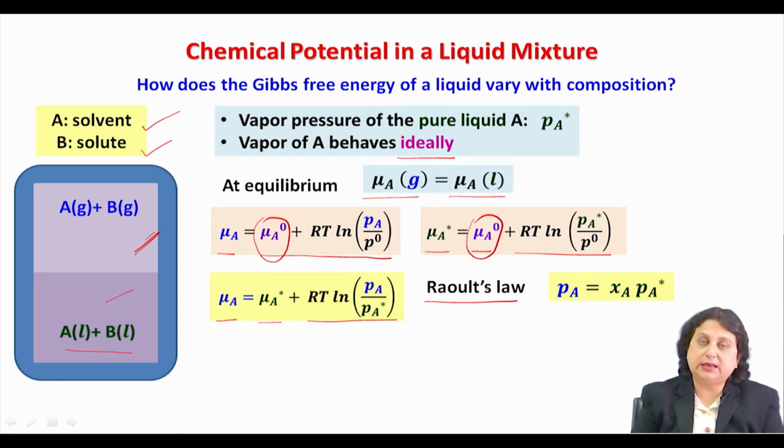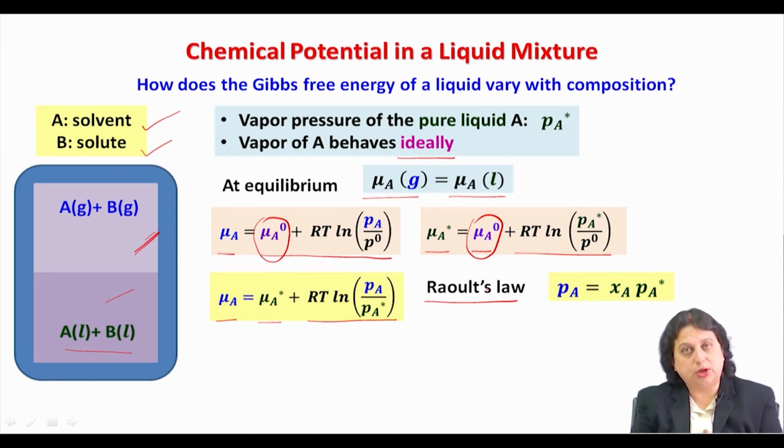Raoult's law says, let PA star be the vapor pressure of the pure liquid A. Now, if I dissolve a solute in A, then once again there will be a vapor in equilibrium with the liquid solution.